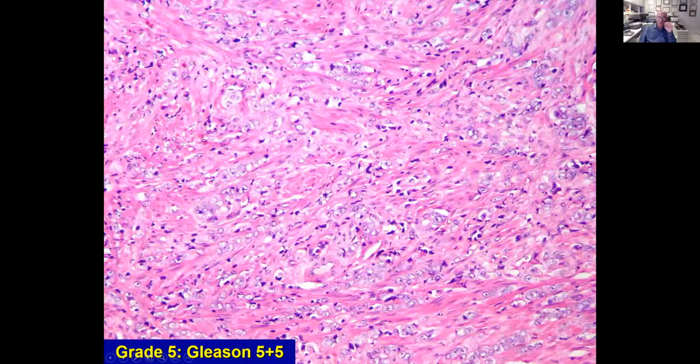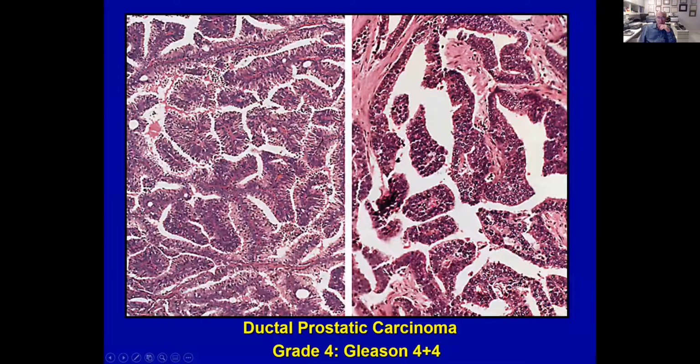And when you see them completely on their own, forming these little lines or single cells, this is just a pure Gleason 5 that is, as you know, very aggressive. All these cells have a very active amoeboid motility, and that's the reason why they easily go out of the prostate.